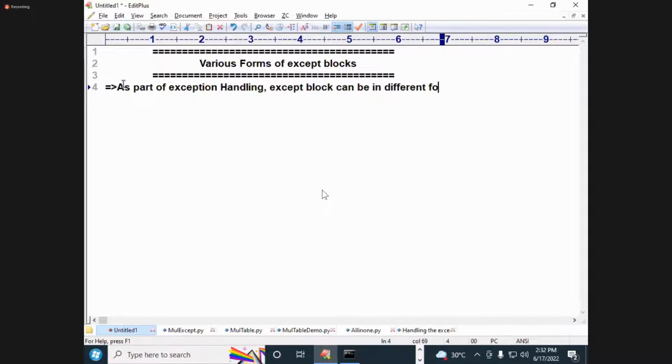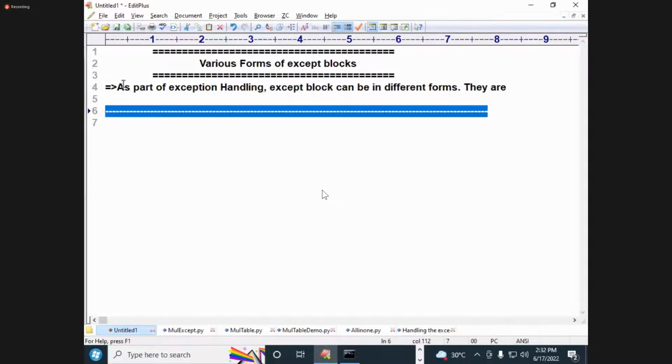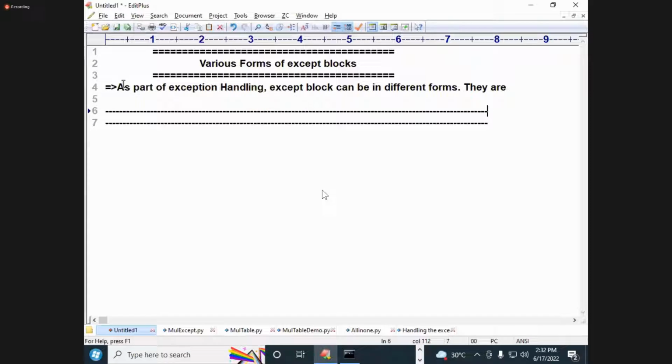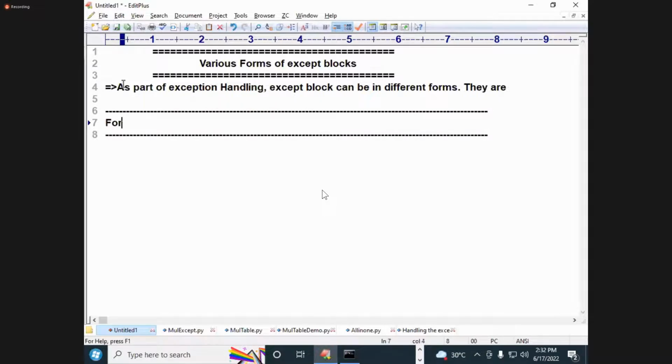Now I am going to write them one by one. Just watch it one by one in the class. The first one is form number 1. The name of form number 1 is what? Single except block. An except block handles a single exception.